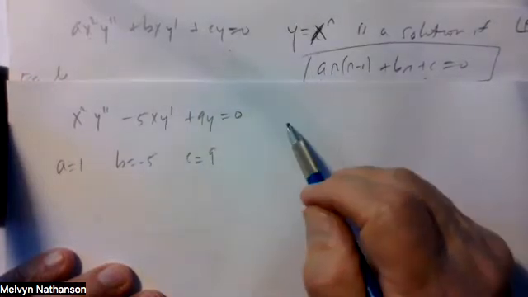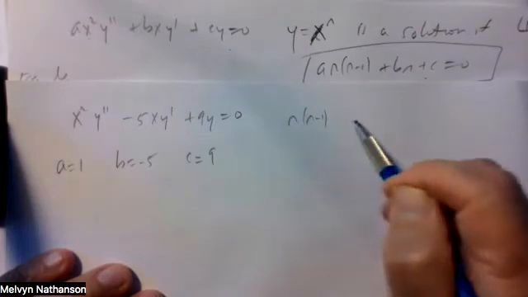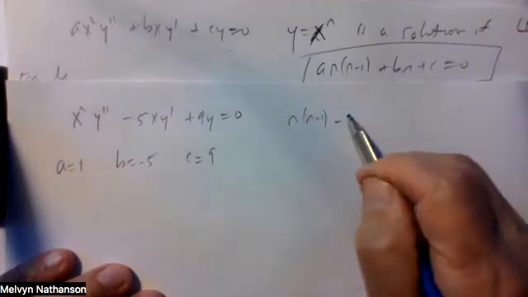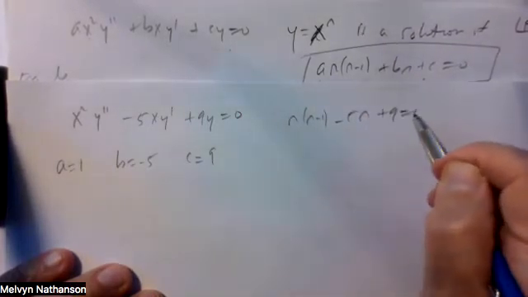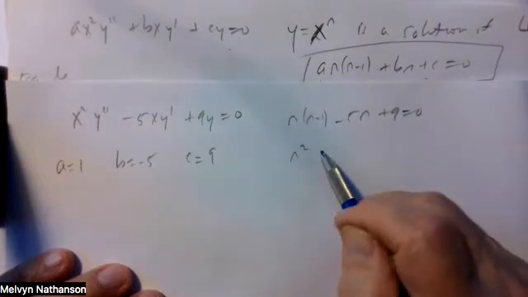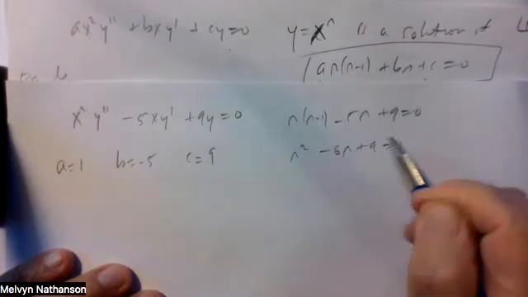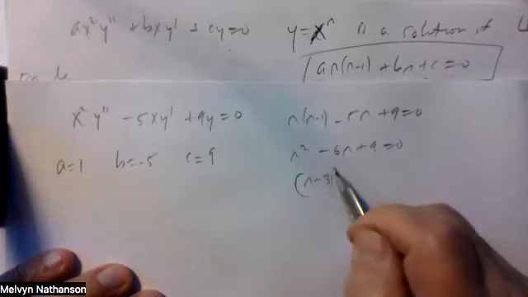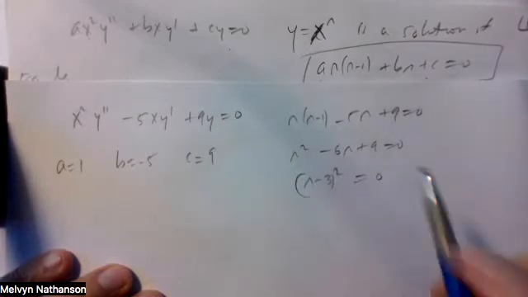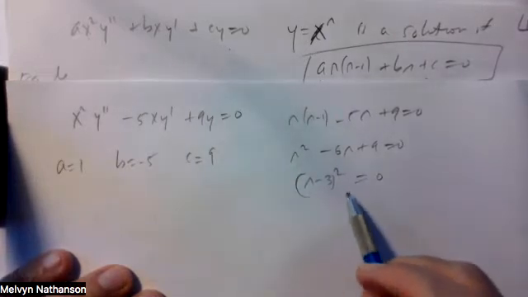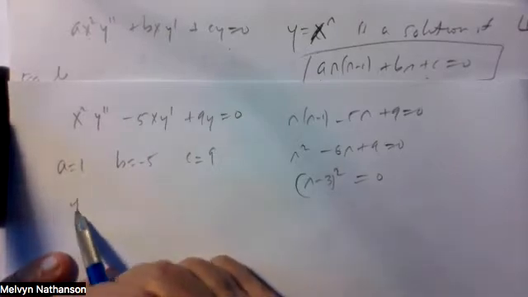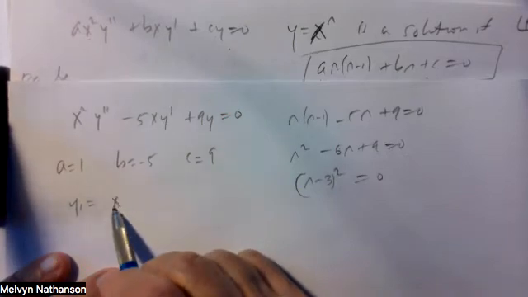So our equation is r times r minus 1 minus 5r plus 9 equals 0. This is r squared minus 6r plus 9 equals 0. This is r minus 3 squared equals 0. So there's one solution, r equal 3. So y1 equal to x cubed is one solution.